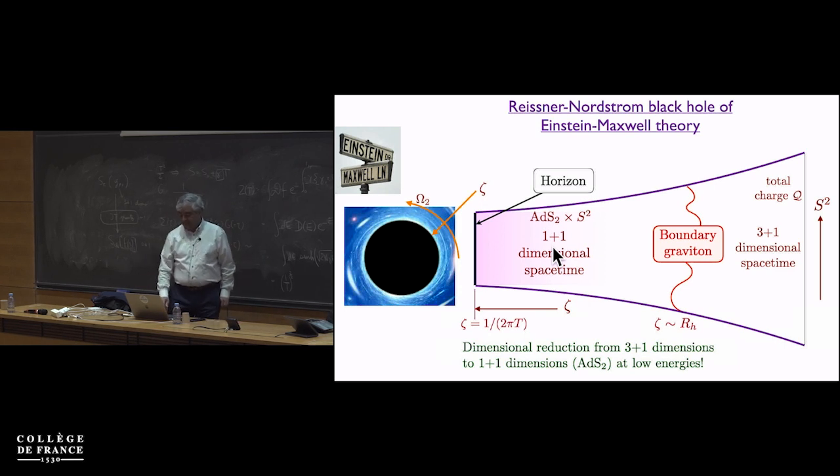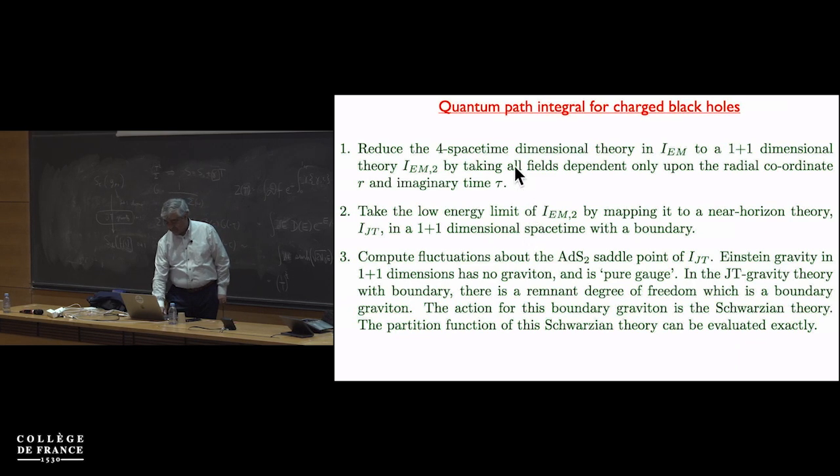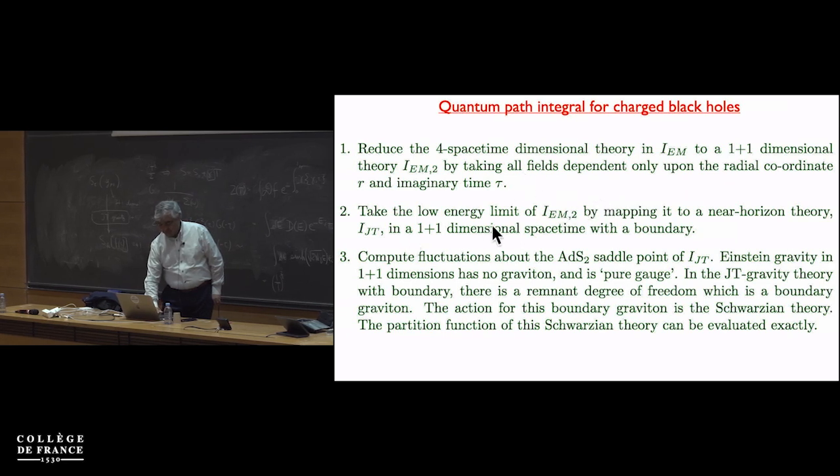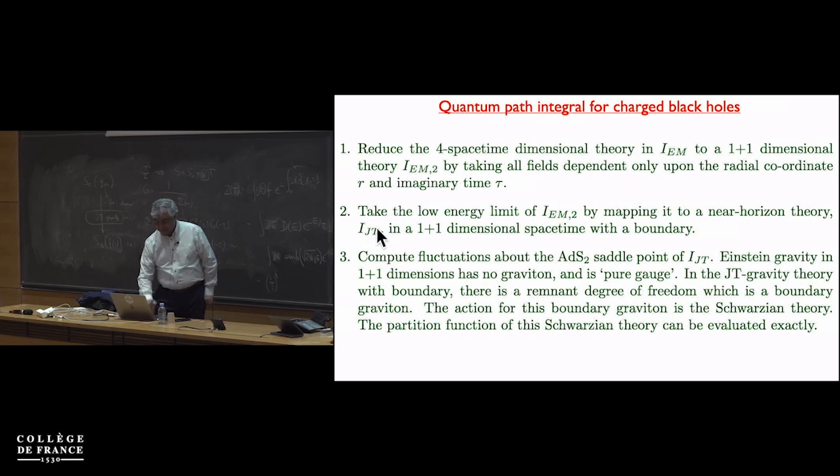Okay. So that's the route. Here it is in words: you start from 4-dimensional space-time, go down to 1+1. Then you can start with the Einstein-Maxwell action and get a theory in 1+1, which is sometimes called JT gravity, although there are additional terms here from the gauge field. And then you compute the saddle point fluctuations of the AdS2.